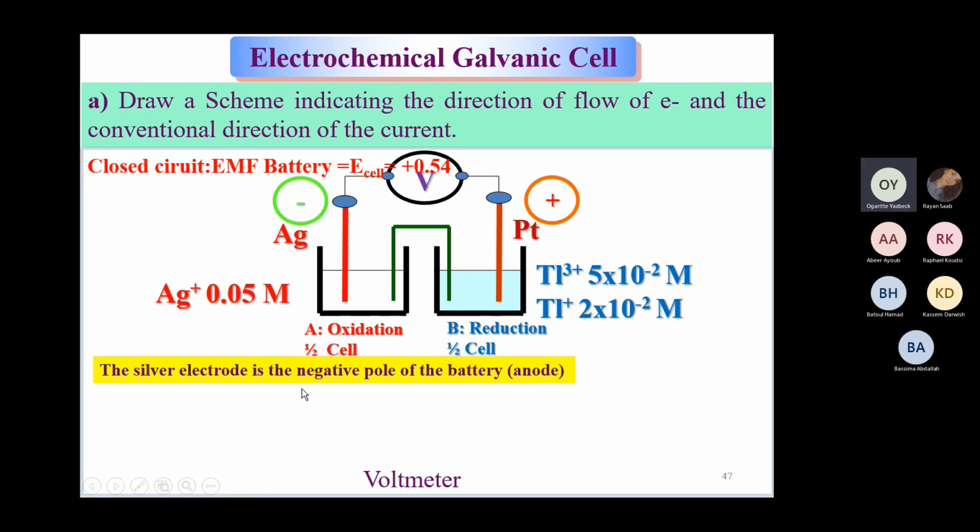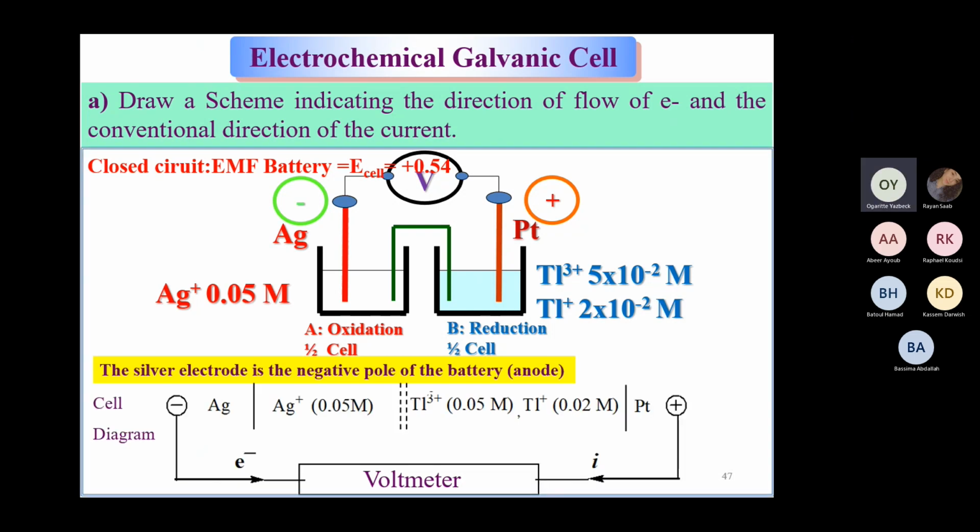And so when they tell you that it is at the negative pole, that means it's at the anode. So if I want to draw it in a cell diagram, I will put the Ag separated at the anode, okay? And the tellurium on the other side.